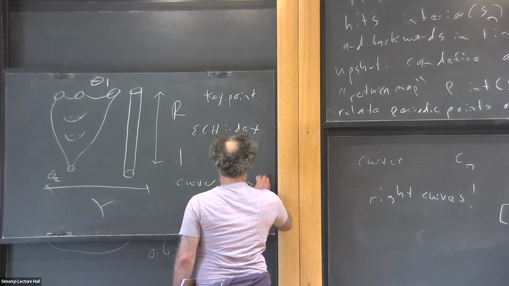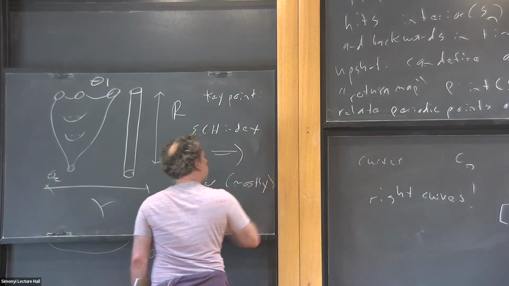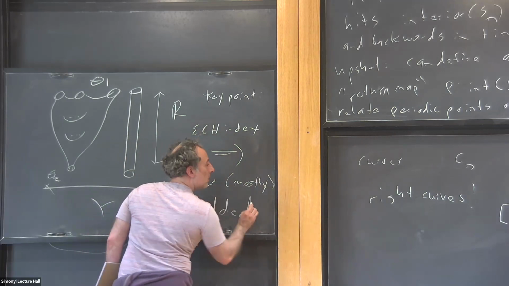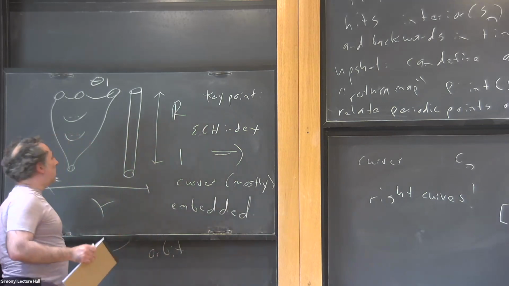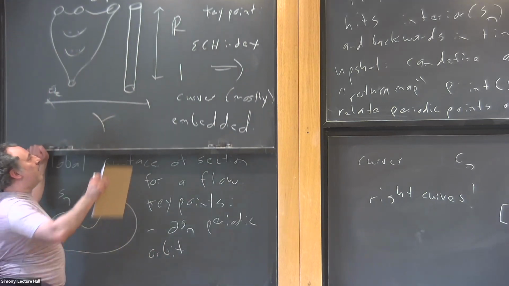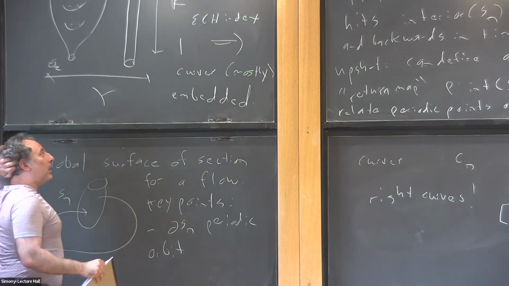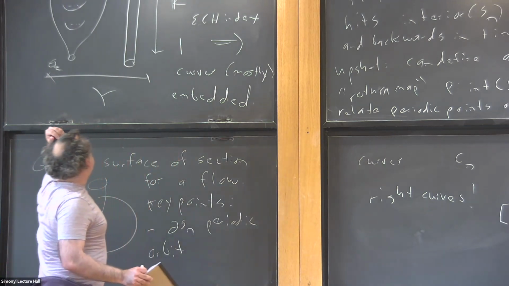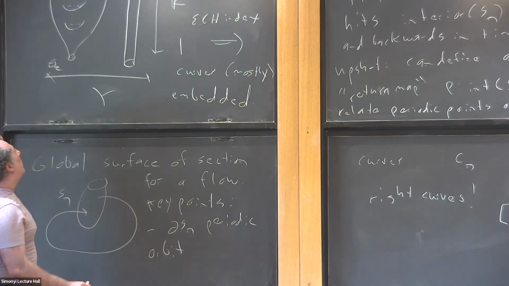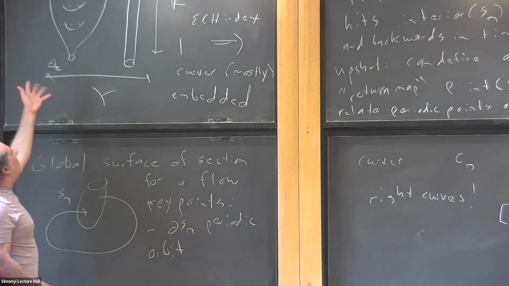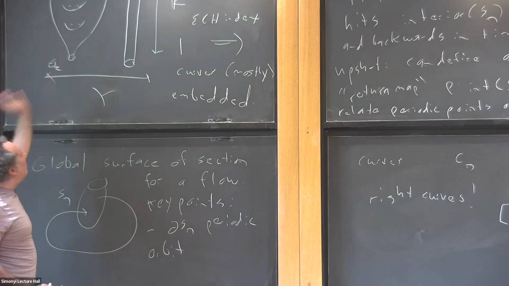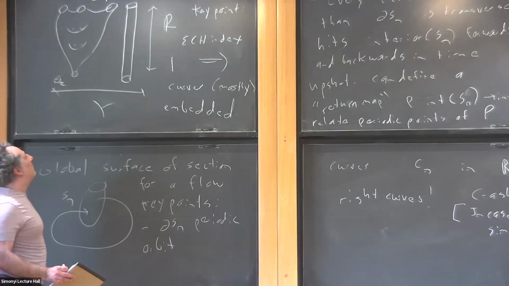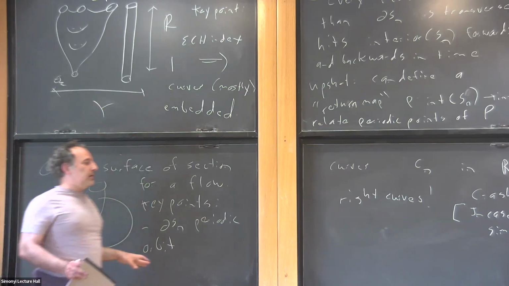That's why it's called embedded contact homology. I'm not going to define the ECH index for you, but it's some topological index. The point is that in this Floer theory, I don't have any a priori bound on the genus, not even on the number of components, but I do want to consider essentially embedded curves, and they're detected with this ECH index.